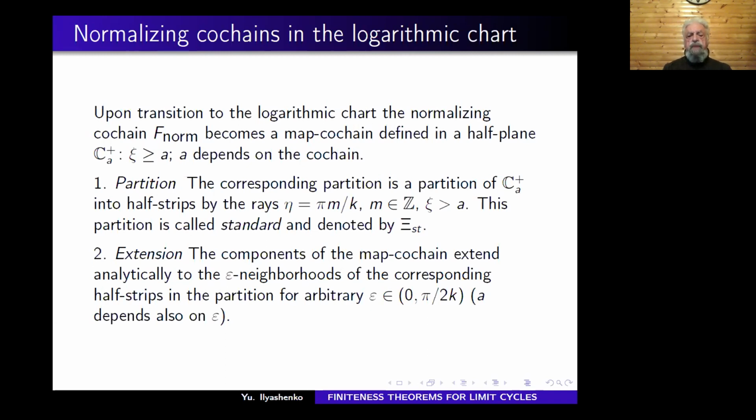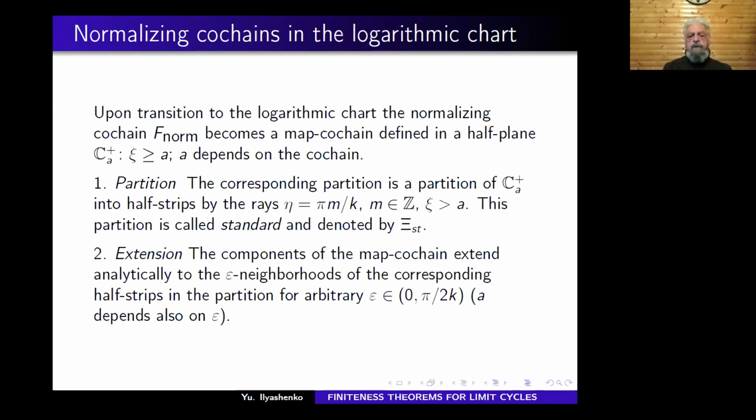In each domain, a holomorphic function is defined. These holomorphic functions may be extended holomorphically to the neighborhoods of their domains. Usually these are epsilon neighborhoods, sometimes a little bit more complicated.